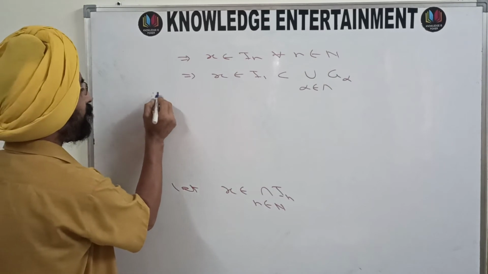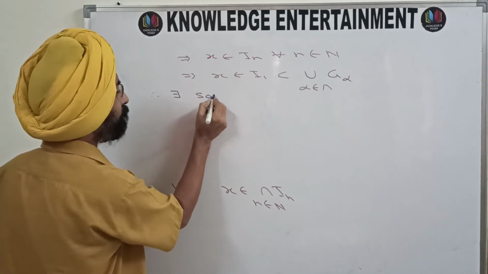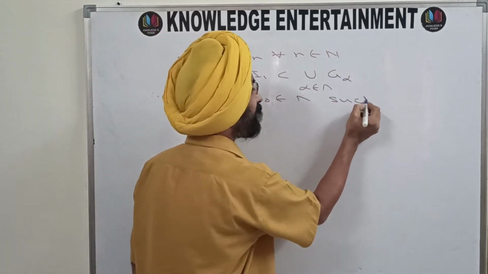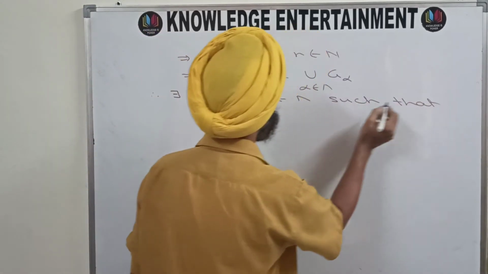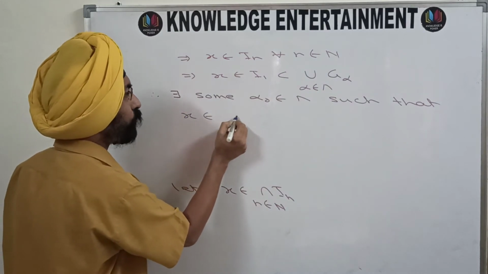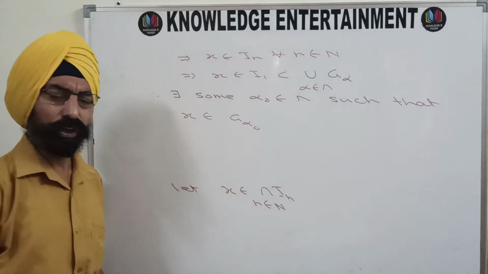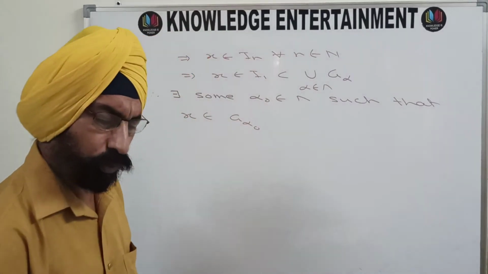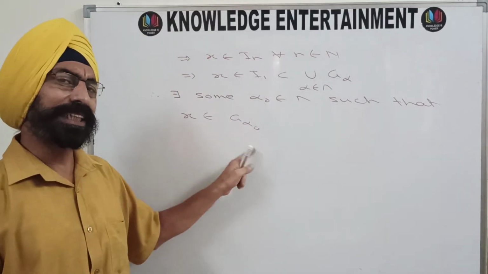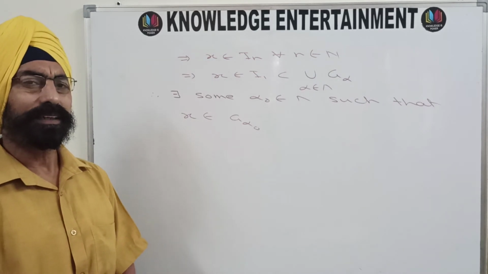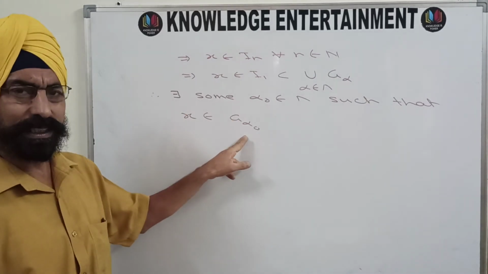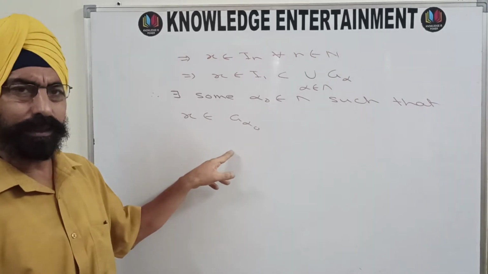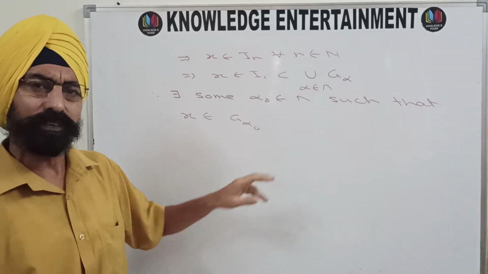So therefore there exists some alpha naught belonging to lambda such that x belongs to G alpha naught. Now x belongs to G alpha naught, and G alpha naught is an open set. When x belongs to an open set, there will be a neighborhood of x that is a subset of the open set.